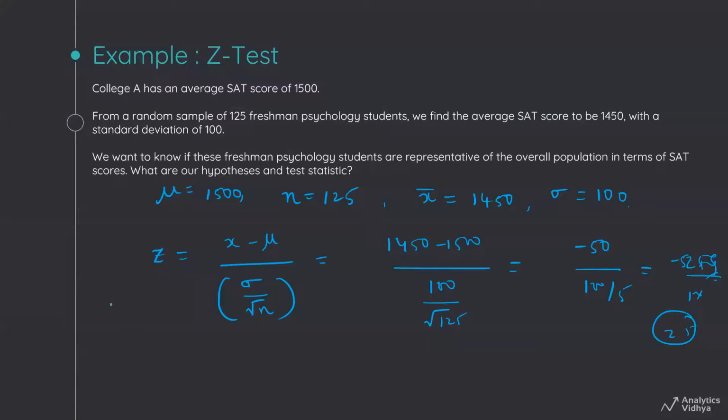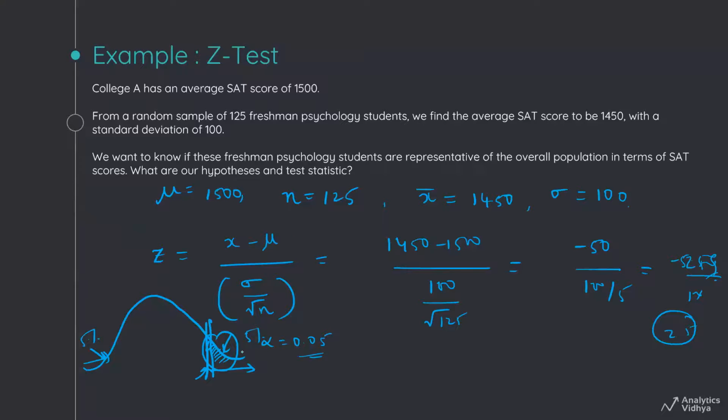There's something called a z-table, which tells us the probability of finding this proportion of the data once a critical value is given. In this case, let's choose that my acceptable threshold is alpha 0.05. Which means that if I find my average value to be in this distribution on the extreme 5% end of the data, either on the lower side or on the upper side, if my z statistic is falling in this region, I reject my null hypothesis.